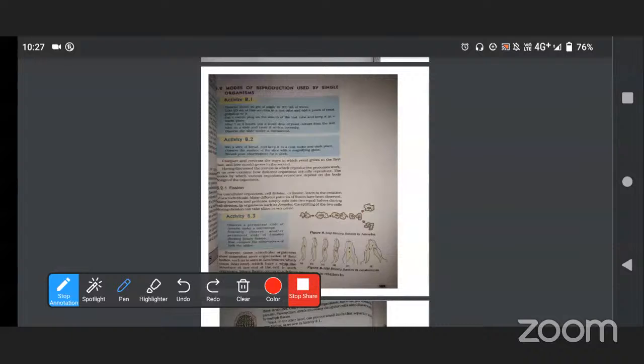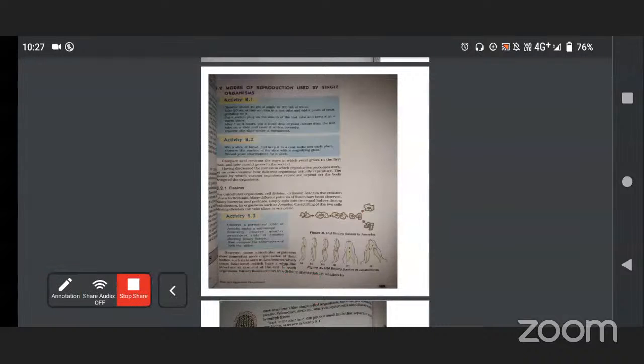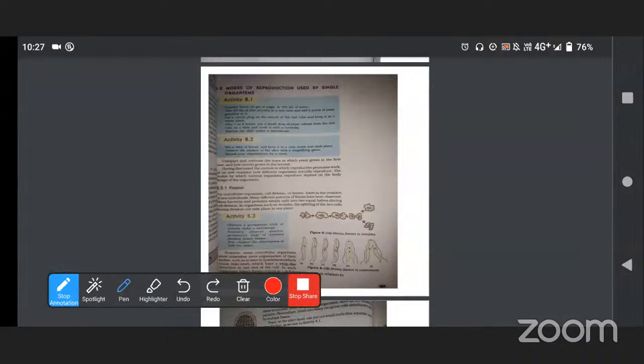So how will they reproduce? First, their cell division starts. Whenever cell division starts, their nucleus starts to divide, because cell division starts in the nucleus. Then ultimately they separate from their mother and form 2 individuals. So from one amoeba 2 individuals are produced. That is why their fission is known as binary fission.